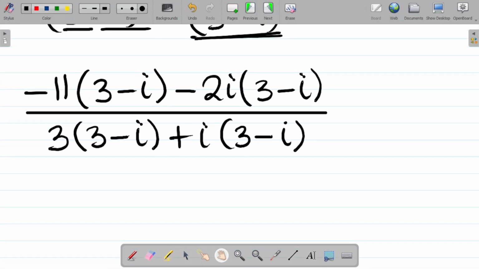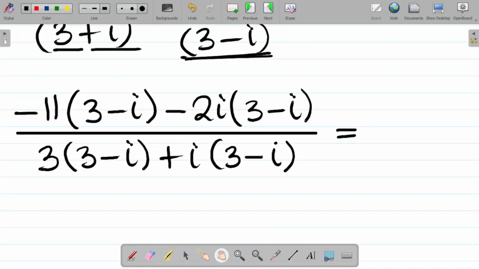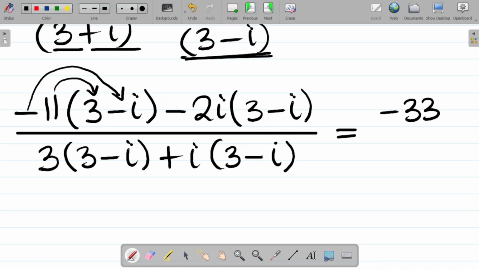All right, so let's work on this. First things first, minus 11 times 3 is minus 33. So minus 33, minus 11 times minus i. First, you have to multiply the signs. Minus times minus gives you plus.